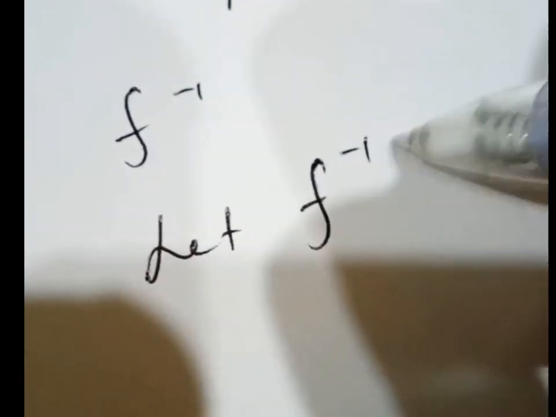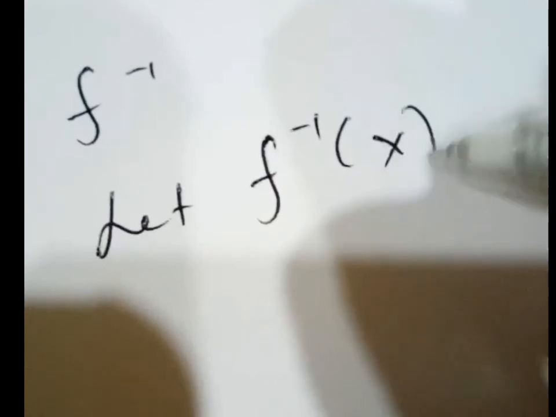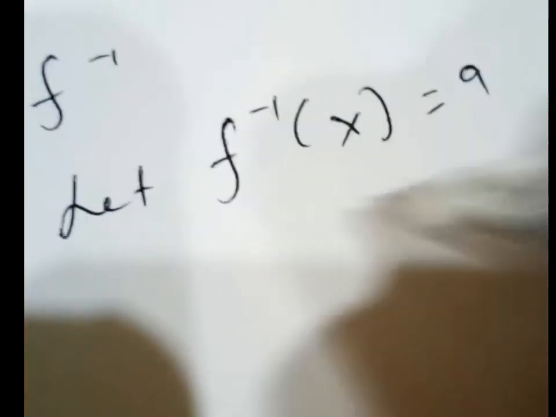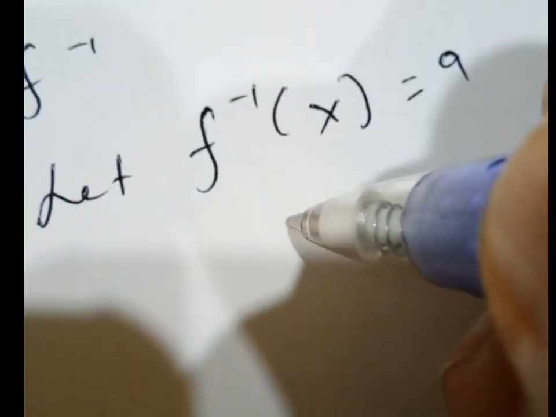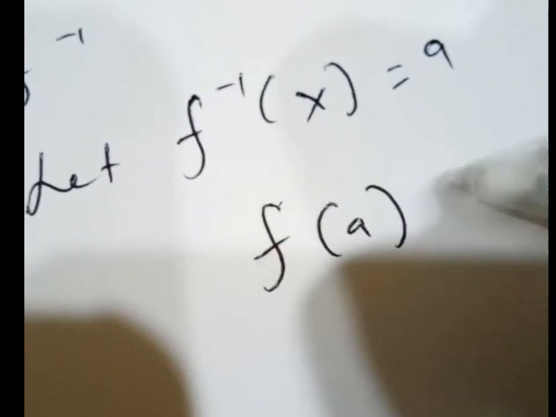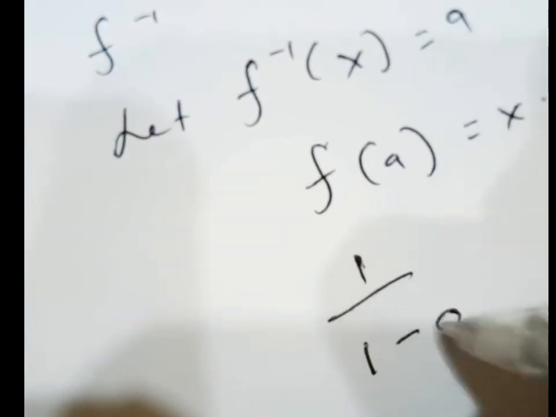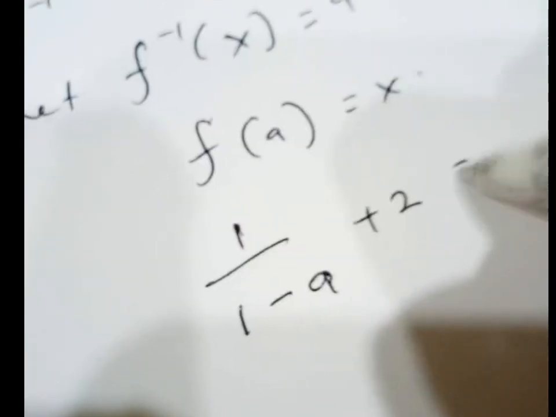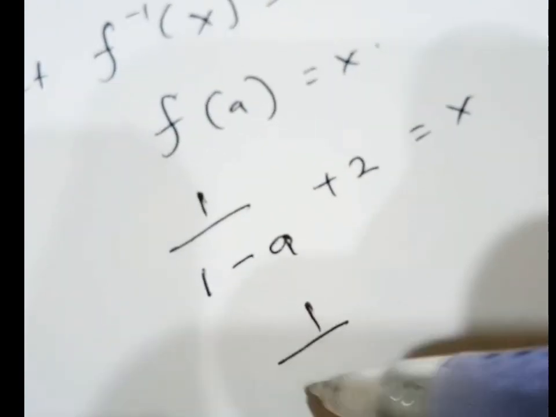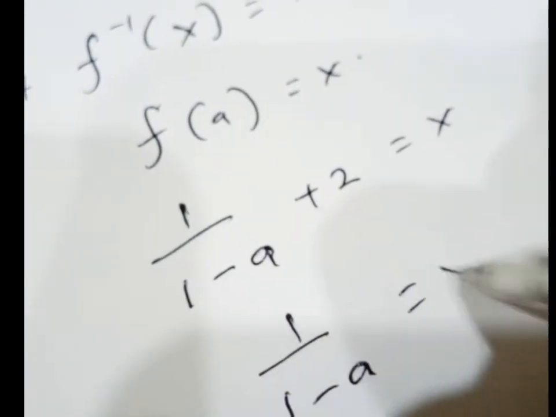So let f inverse of x be a. So f of a is x. Replace x here by a. We have 1 over 1 minus a, plus 2, equals x. So we have 1 over 1 minus a equals x minus 2.